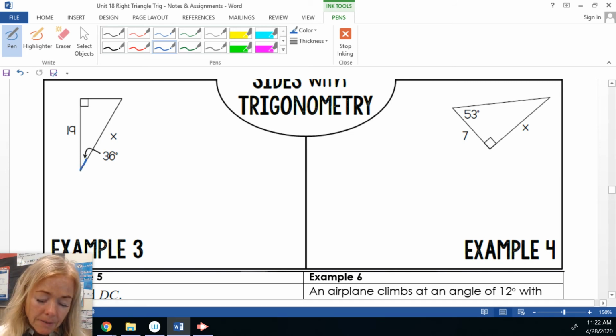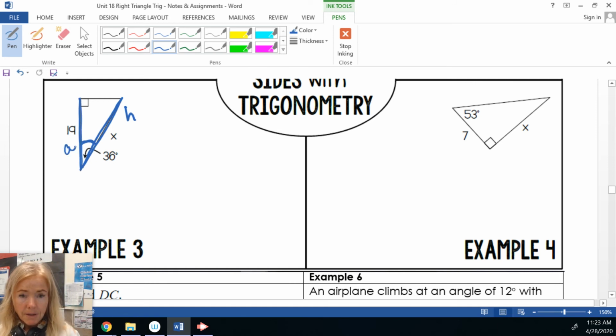So we have a hypotenuse, for example, x, right? Here's our angle. This side runs right into our angle that's 36, so it's an adjacent. So we have our A and our H. That's cosine, right? CAH, which stands for cosine of the angle.